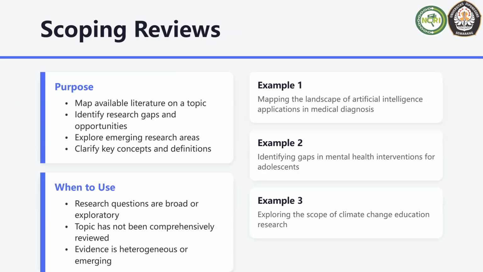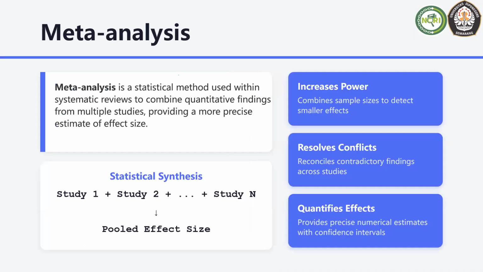So for a scoping review, you go through these databases, and then you have a very broad question on mapping the landscape. How has artificial intelligence in medical diagnosis, what applications are there? How has the transition been from this year to this year? So that is how a scoping review really is.